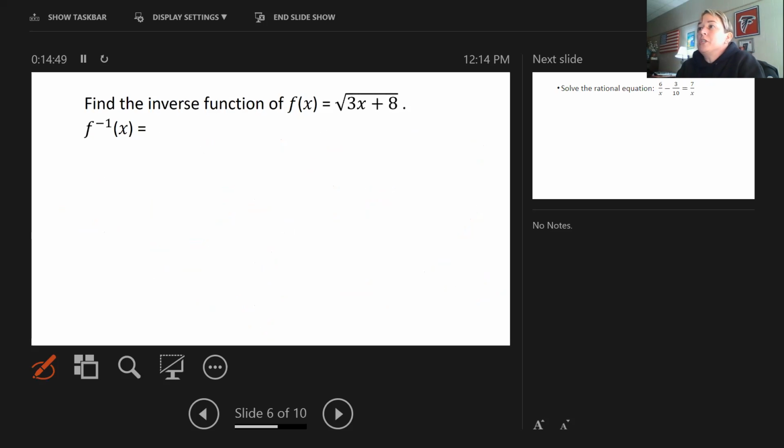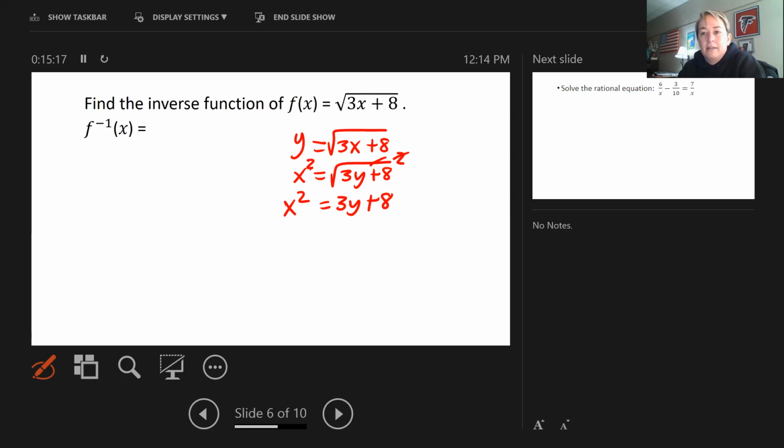All right, find the inverse of the function. Well, all we got to do is we change f of x to y, and then we get the square root of 3x plus 8, and then we switch x and y, and we solve for y. So the first thing that we have to do is get rid of that square root. So if we square both sides, we get x squared, but on this side, the square and the square root cancel each other, and this just gives me 3y plus 8.